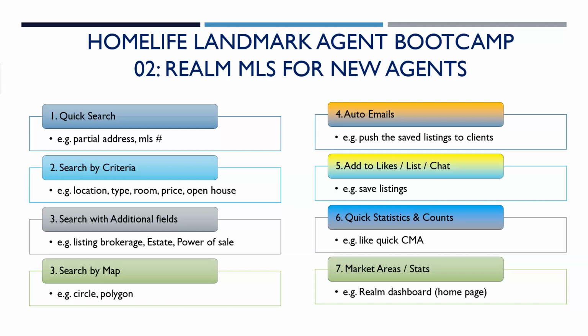I can use the app to do all the job. And the last thing would be the RUM step, the market area, that kind of thing on the dashboard homepage.